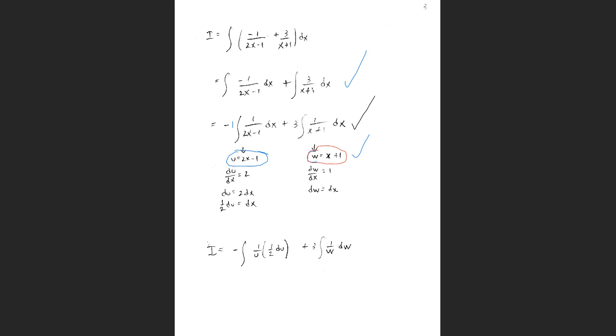Okay, and so with those substitutions, the 2x minus 1 is u. And the 1 dx is a half du. And then the second integral, the x plus 1 is w.